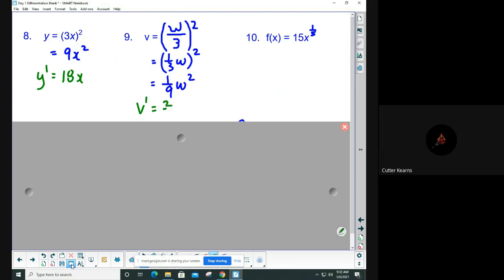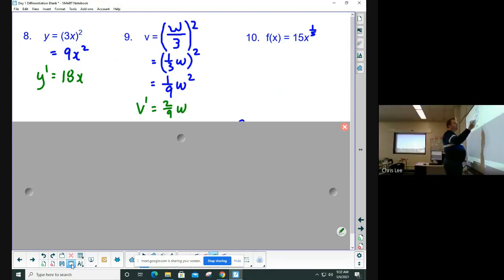So it's 2 over 9 and then W. That's right. And technically it's W to the power of 1, but we wouldn't write that. Good. So I don't care if the coefficient is a fraction, it still gets multiplied, right? And Cutter did that exactly right. Good. So all the work actually happened in making it user-friendly, and then I differentiated. And again, I don't care if the letter is a Y or a V or whatever, we're still using the same notation.